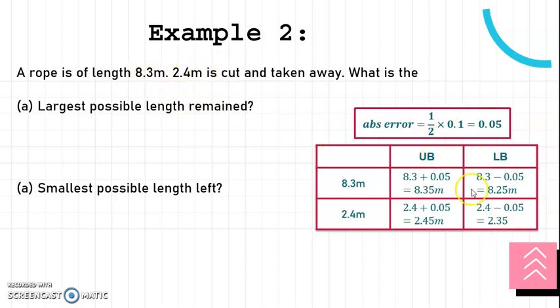Once you have done that, you go back and see the formula. It says remaining, and remaining means you have to subtract. Very good.